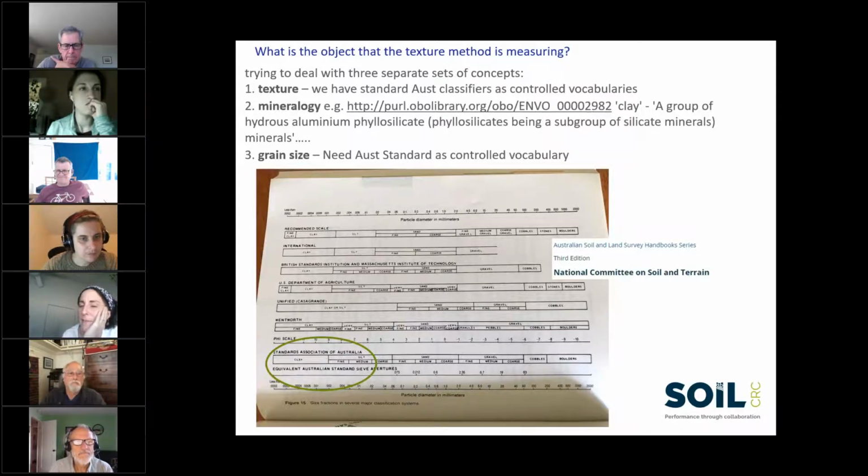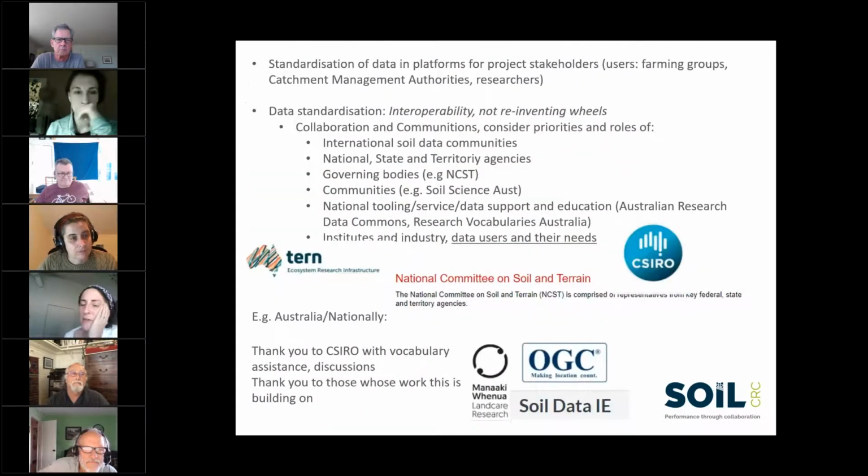We found we needed to get a vocabulary up for the Australian standard definition of clay by grain size, but you've also got the definition of clay as a thing, as a mineral, and you've also got the definition of clay as the classifier, the result of rubbing it between your hands. So that's the Australian Yellow Book definition of clay as a classifier. And I think that's about all I'll pain you with for now.